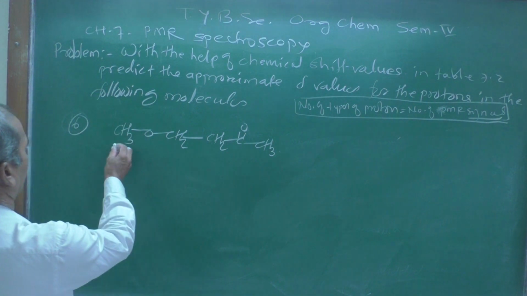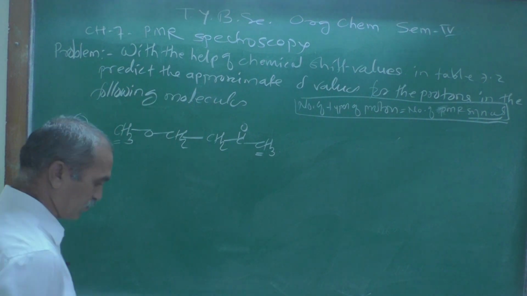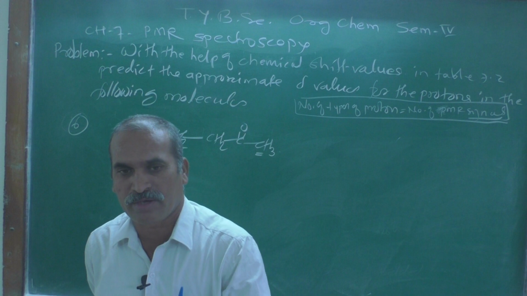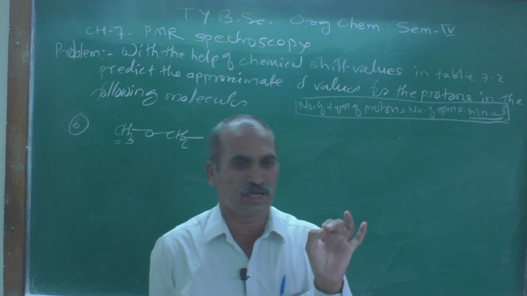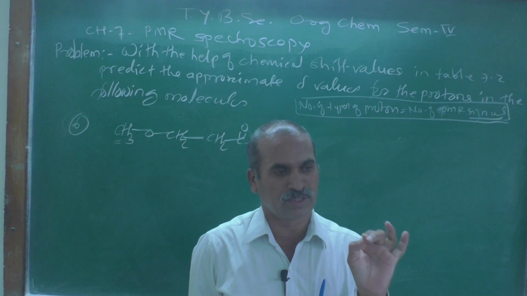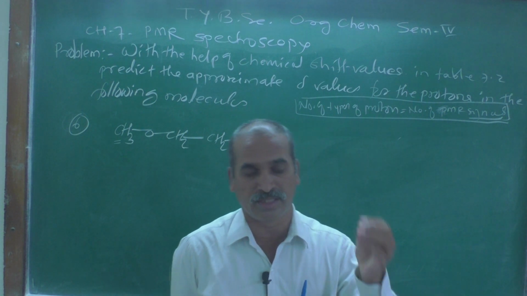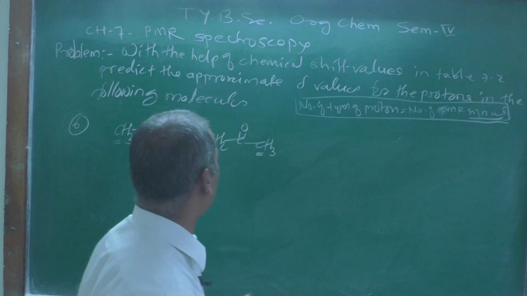If you see, there is a methyl group here, and this also has a methyl group. Are these two methyl groups the same or different? Clearly, even though they are both methyl groups, they are not identical. Their chemical environments are different.